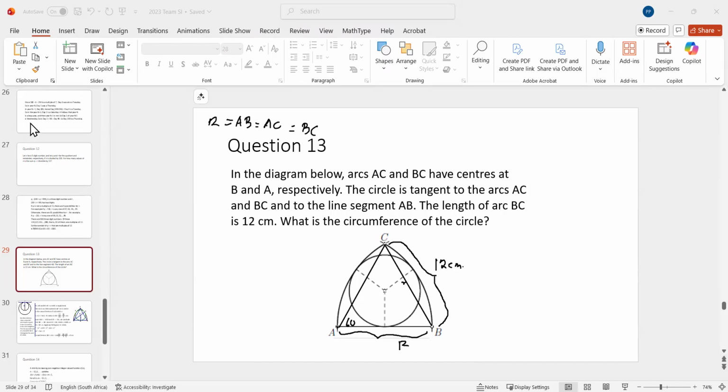So what I've got here is, I just want to summarize what you've got. I've got a large circle.